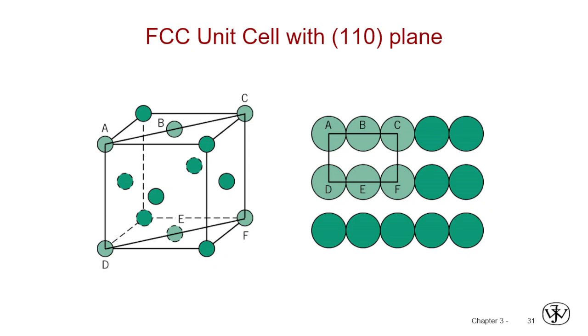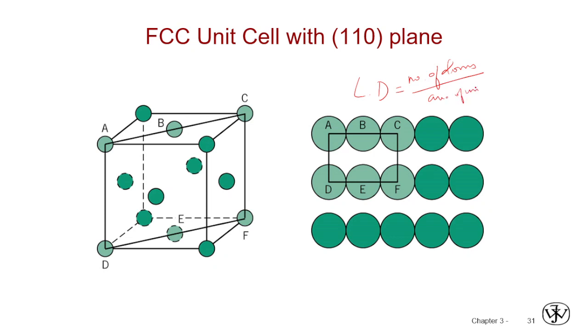Similarly, now we will go for the next one. FCC with 110 plane, right? How will we solve this? Any idea? So I'll put the density formula: number of atoms in this unit cell divided by the area of the unit cell.